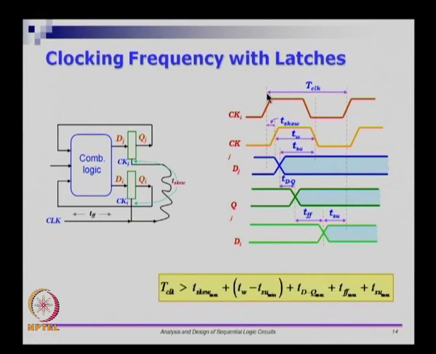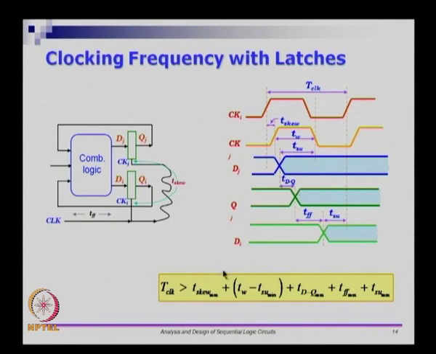So if I want to look at what is the width of the clock, that is the rate at which you can give the inputs. So width of the clock is the largest skew that you can have plus TW minus TSU plus TD to Q plus TFF plus TSU.